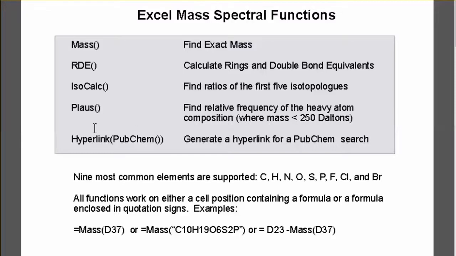If you use a string, you have to put quotation marks on both sides of the string so Excel knows that it's a string. You can also do calculations with these directly. So for example, you could subtract the mass of D37 from whatever the mass is in D23.